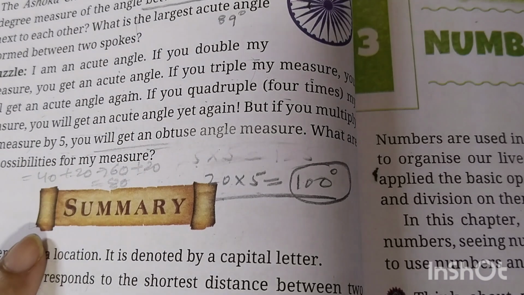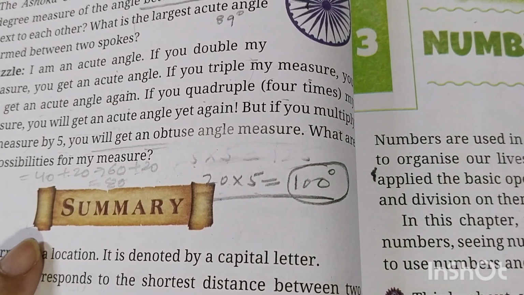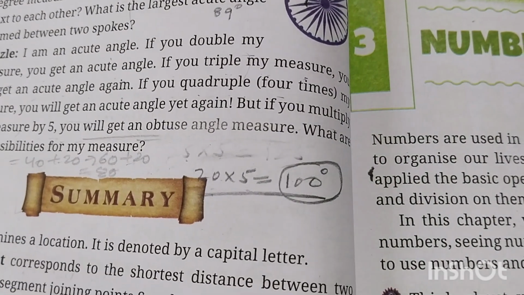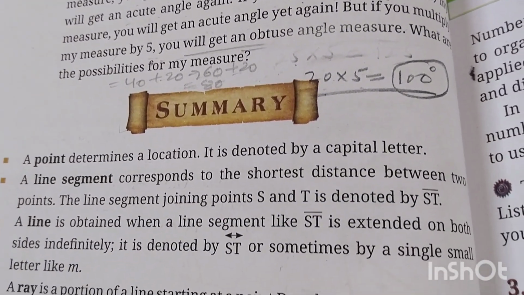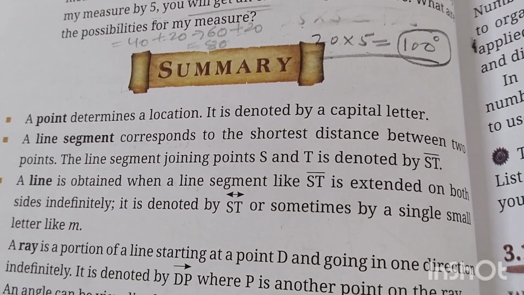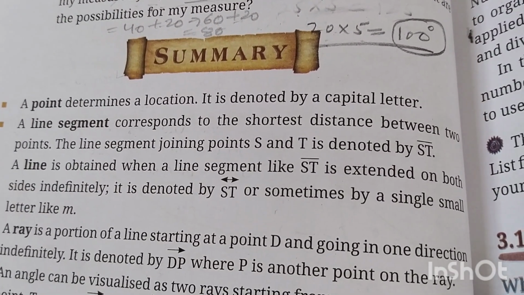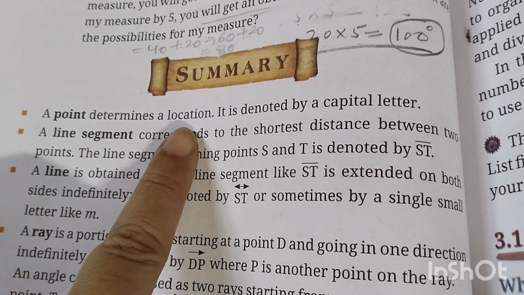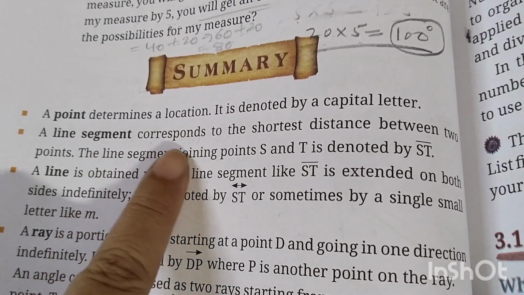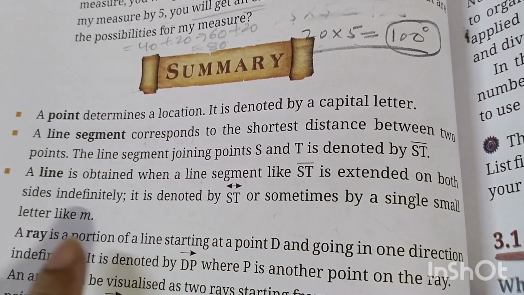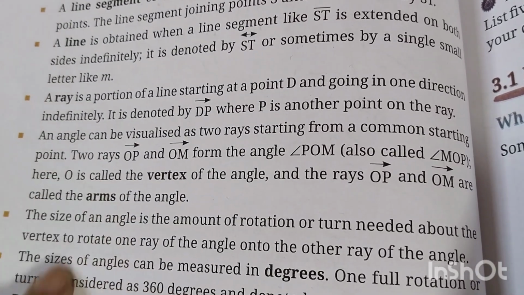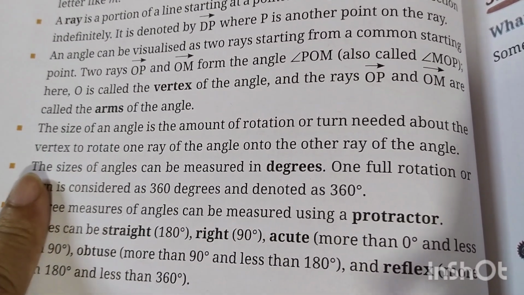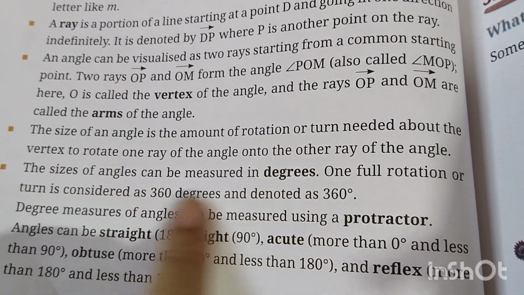I hope you enjoy this video a lot. So by completing this unit, we are completing the chapter lines and segment. Here is the summary of the chapter. A point determines a location, line segment corresponds to the shortest distance, definition of line, ray, and angle. Then size of an angle is amount of rotation.